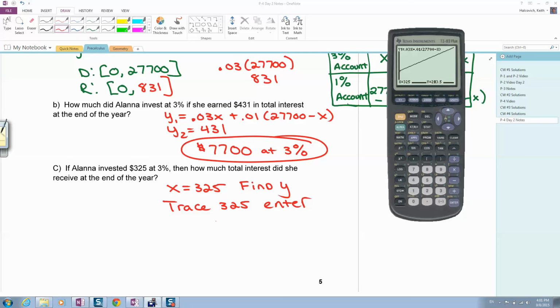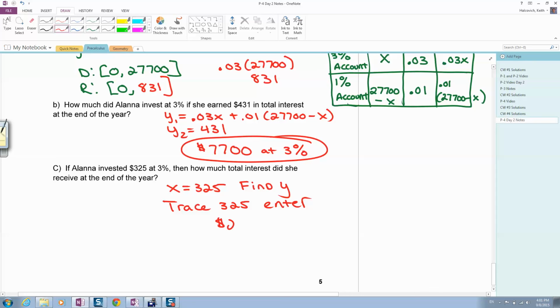So basically, it's $283.50. That's how much interest she received at the end of the year.